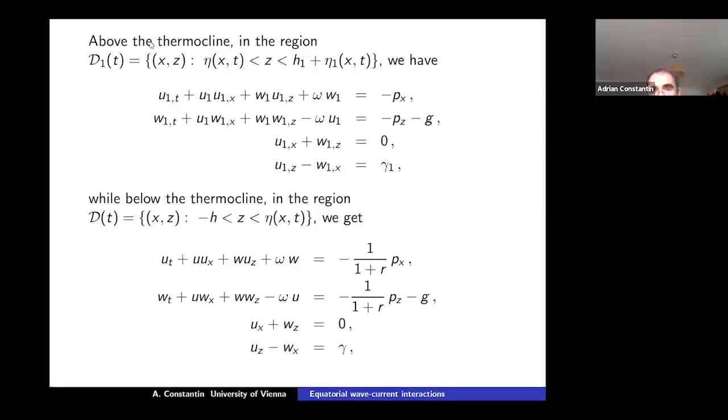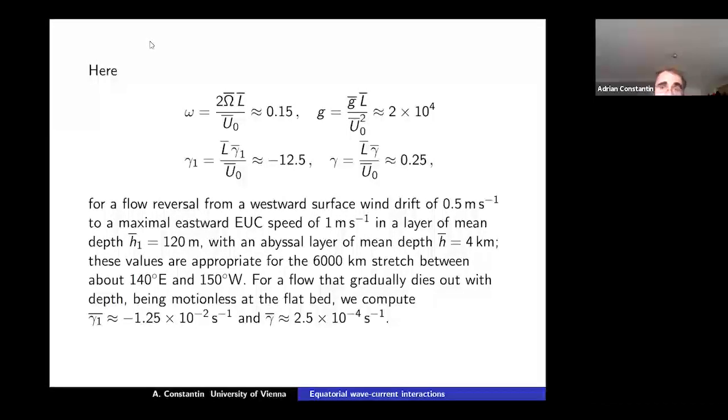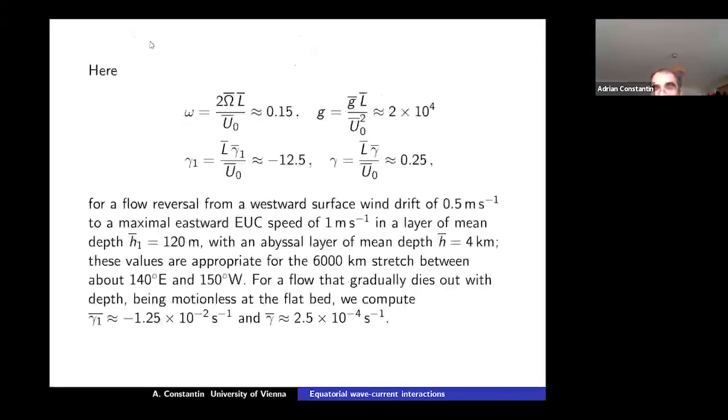So these are the governing equations, and these are relative values, so there is a little g here that accounts for gravity. It doesn't matter what these values really are because I'm not going to do numerics, but it is just to have an indication of how they are. So gravity, you can see from the value, is quite important.